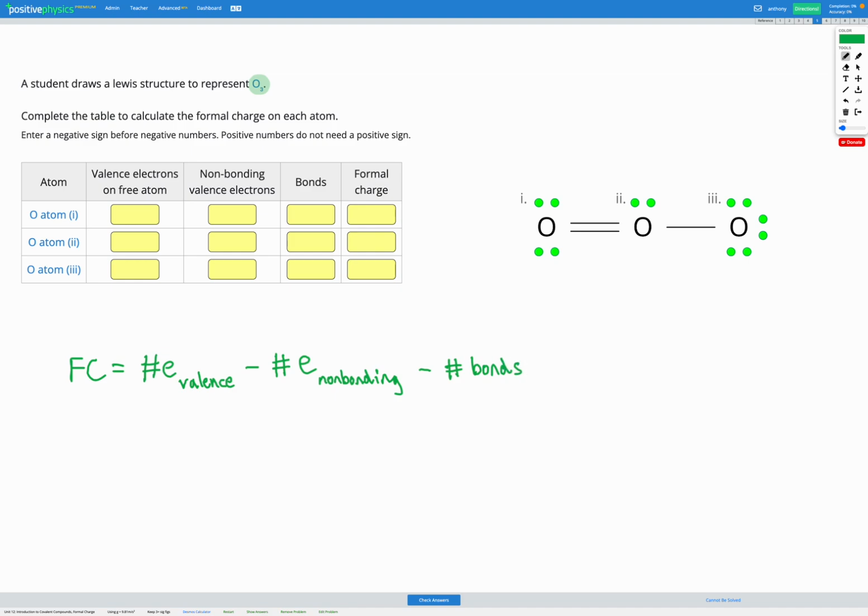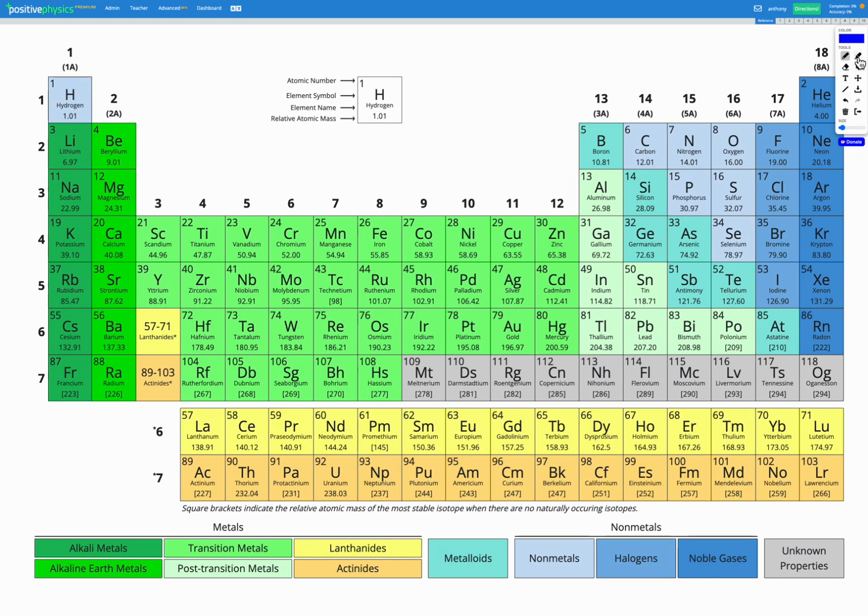Okay, so let's start by looking at this first oxygen atom, 1. The first thing we need to know is the number of valence electrons on a free atom. That just means, according to the periodic table, how many valence electrons does our individual oxygen atom have? So let's go to our periodic table and find oxygen.